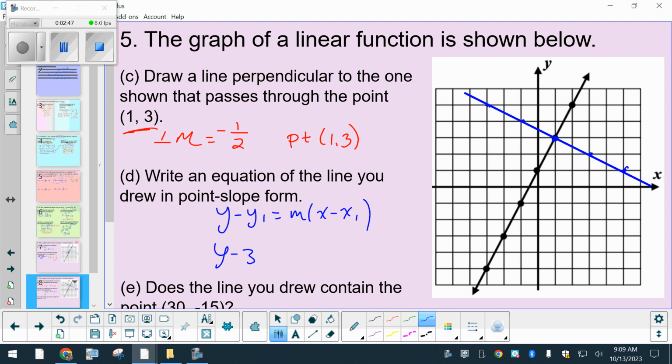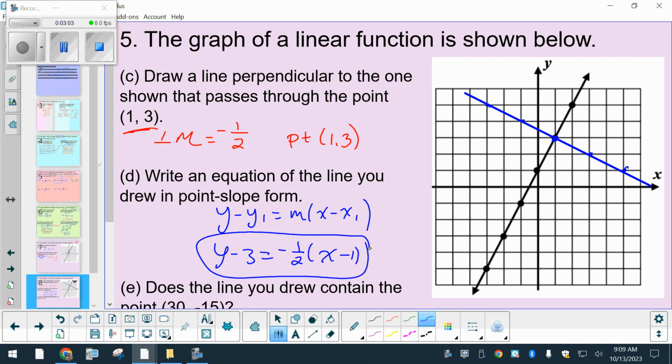Nice job. Y minus 3 equals negative 1/2, and then x minus 1. Nice job. And now they want you guys to figure out if that next point is on that line.